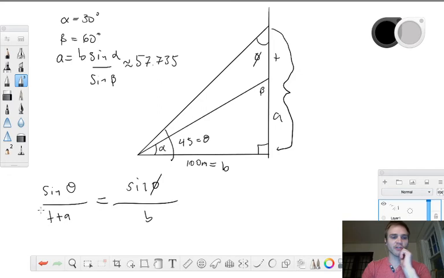So we need to solve for t. That's the only thing we don't know. We know theta is 45, and thus phi is also 45. So we'll cross multiply here and then divide by sine theta, and we'll be left with t plus a equals b, and then we'll subtract a, and we get t equals b minus a.